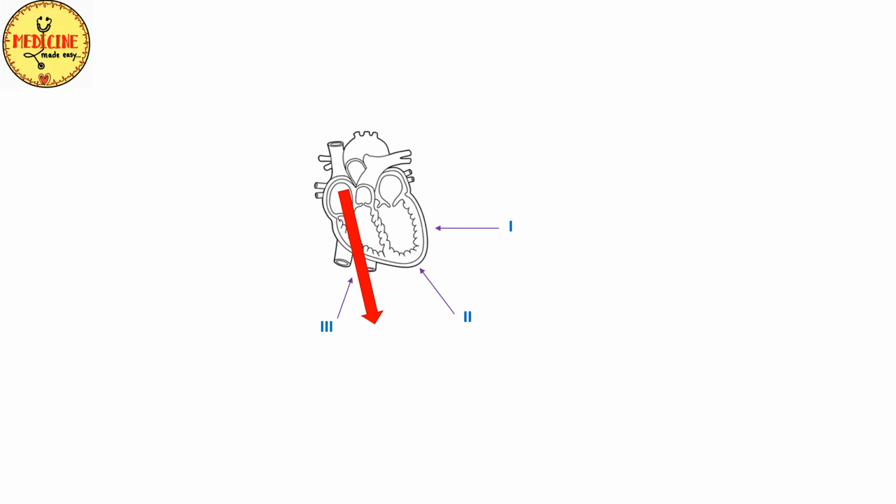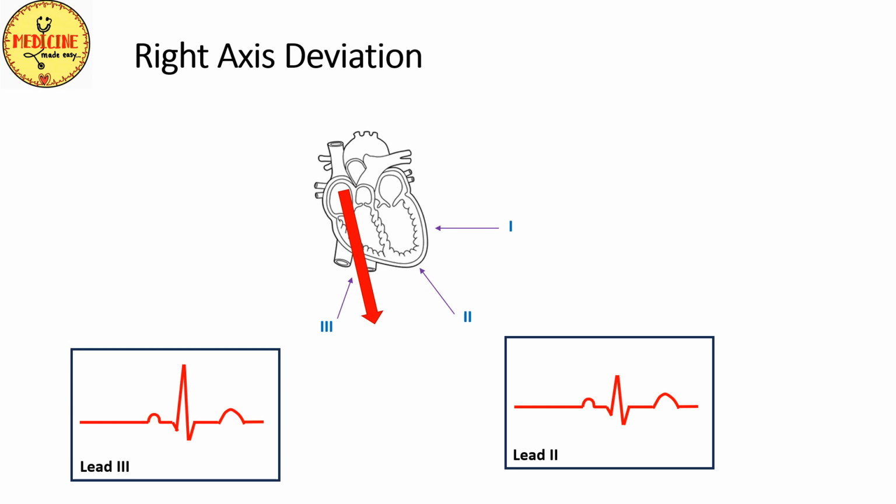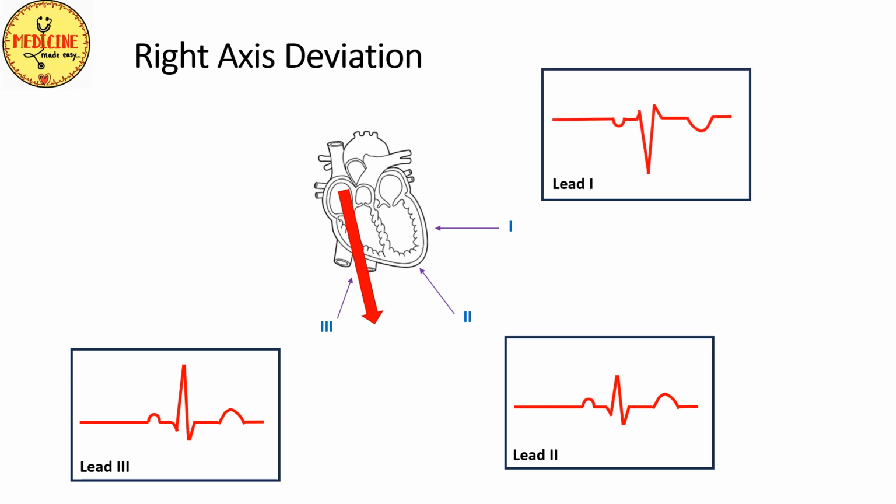Suppose the cardiac axis gets shifted to the right. We call it the right axis deviation. In this case, it will be towards leads 2 and 3 and therefore we will have R wave greater than S wave in leads 2 and 3. As the direction of this shifted cardiac axis is now away from lead 1, we will have S wave greater than R wave in lead 1.